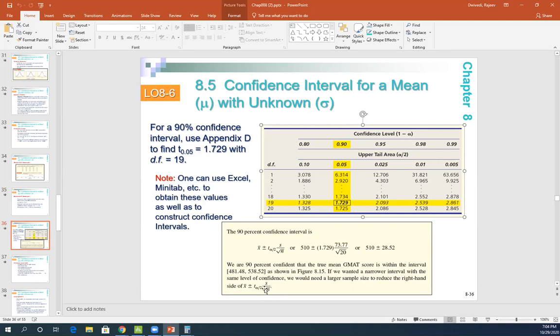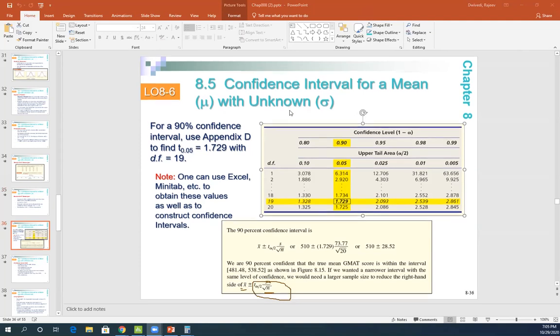If you have 200 or 300 students, you can reduce the width of this. The mean remains the same, but if you have a larger n, the total width will be reduced. Is it making sense now? Is it clear? If not, I can go again. Nope, that's okay. Thank you.